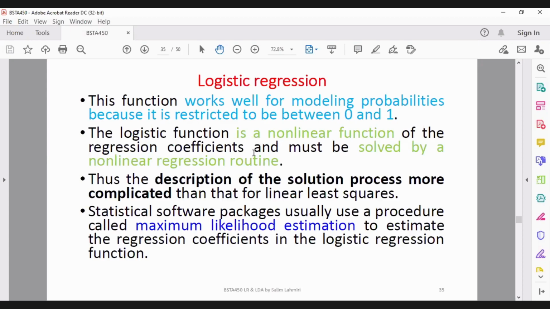Statistical packages can minimize these functions automatically and give you the resulting logistic function by maximum likelihood estimation, where the goal is to minimize the misclassification rates.